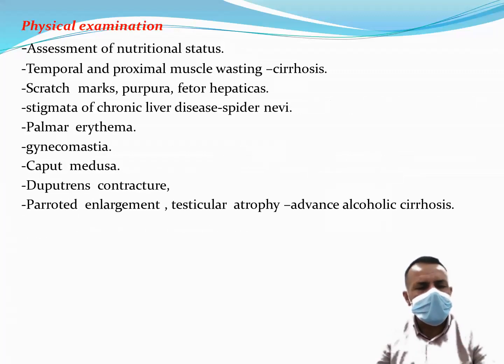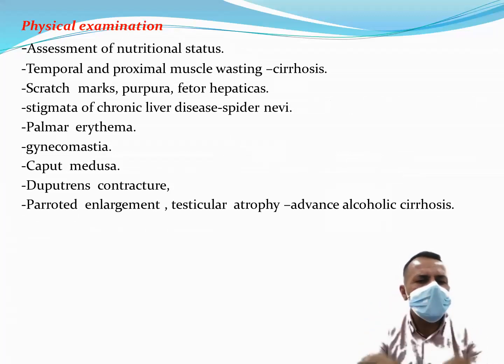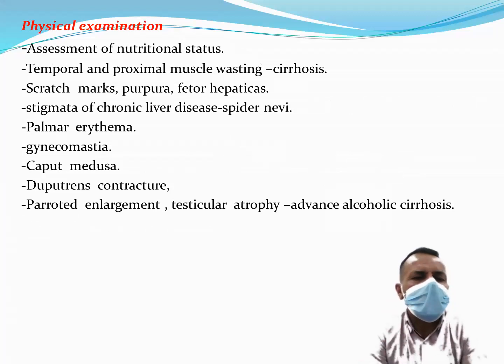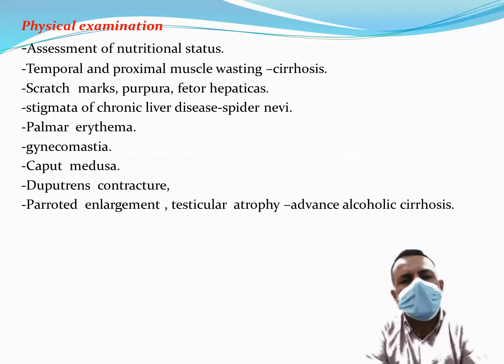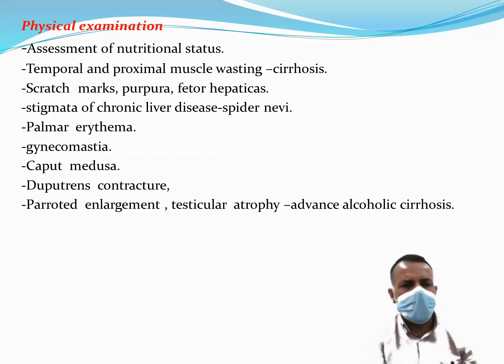After complete history, the examination: we assess the nutritional status of the patient. We look at the temporal and proximal muscle wasting. If the patient has wasting, loss of weight, muscle wasting, that means a debilitating disease, chronic liver disease, liver cirrhosis, or cancer of the liver, all these lead to muscle wasting.